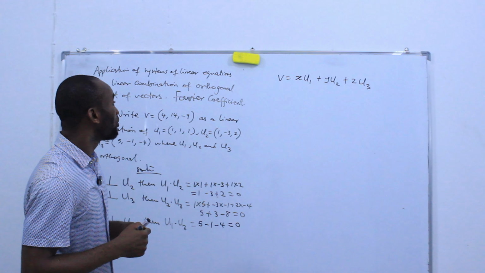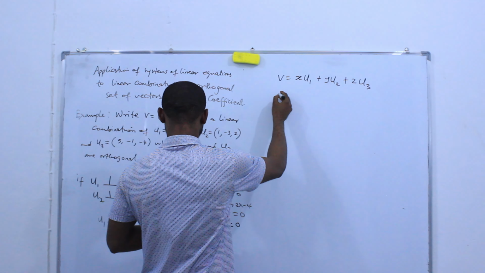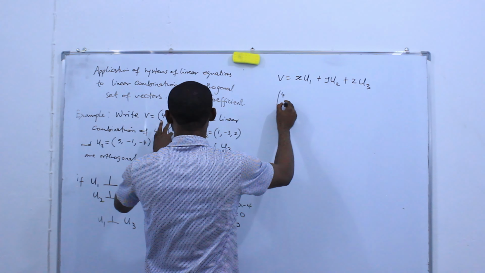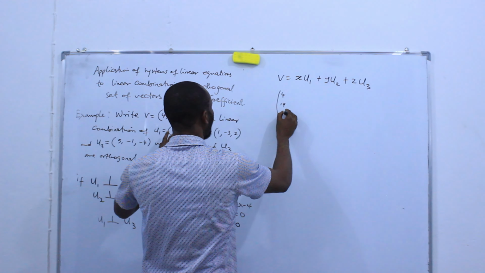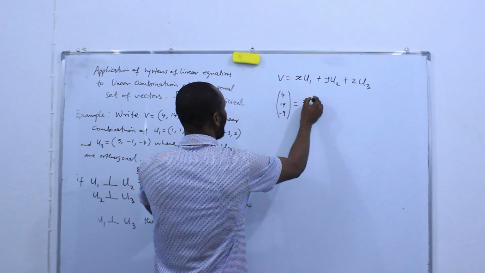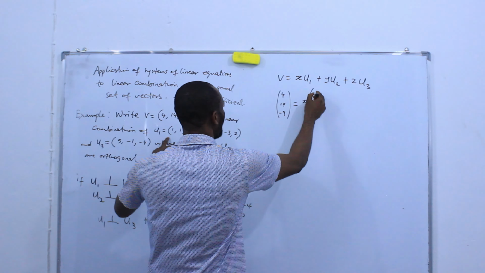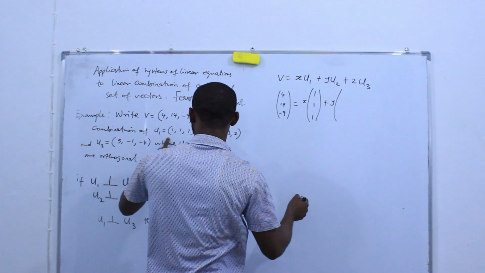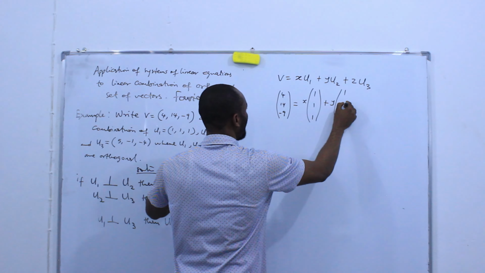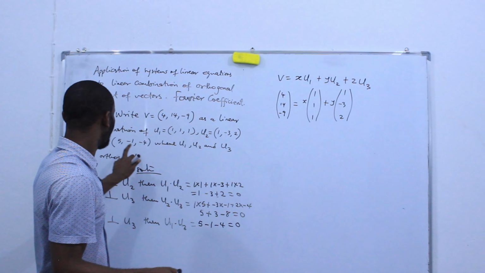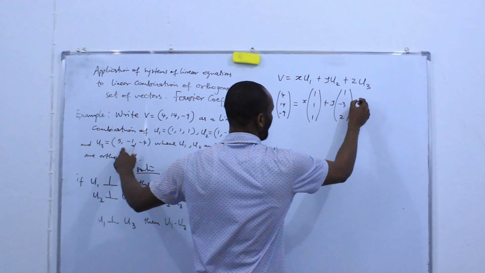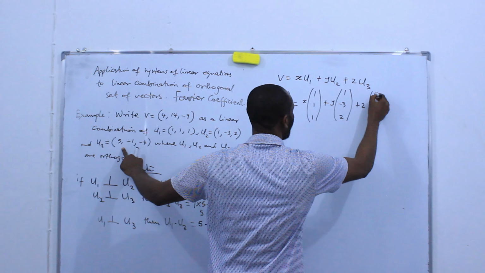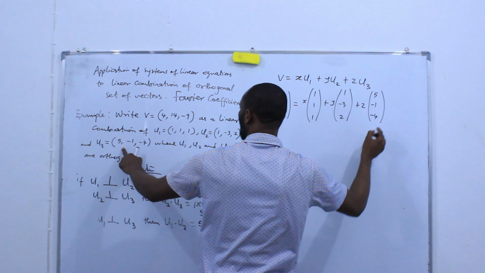And then you can write them as: you have 4, 14, and minus 9, equals x in brackets, your u1 is 1, 1, 1, plus y in brackets, your u2 is 1, minus 3, and 2. Finally, you have z in brackets 5, minus 1, and minus 4.